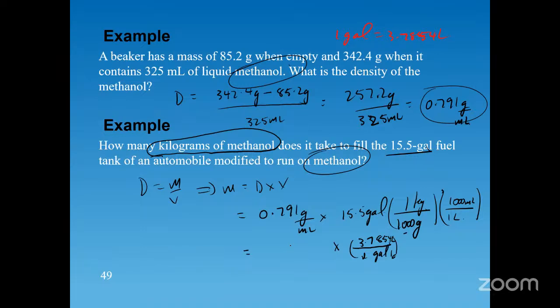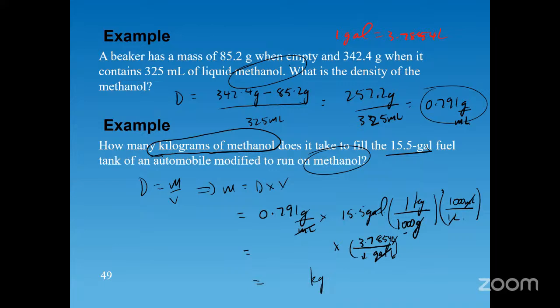So again, the setup is such that the units you want to eliminate will be eliminated: the milliliters will go here and here, the liters will go here and here, the gallons will go here and here, and grams will go here and here. So the final answer will be expressed in kilograms, which is what the question is asking for.